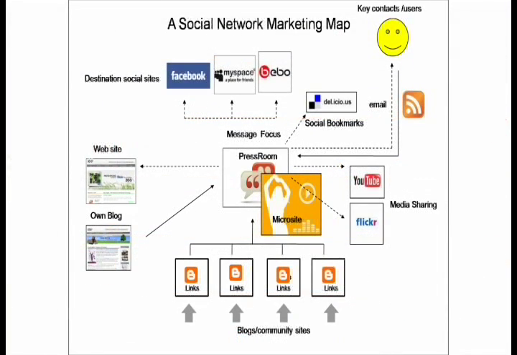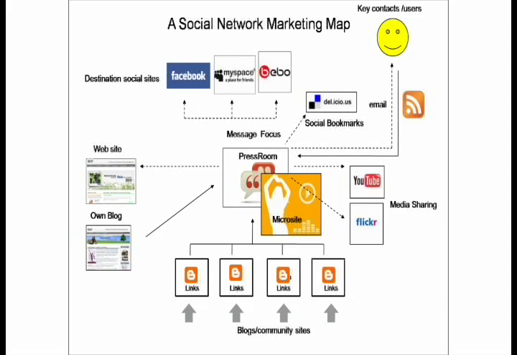Okay, so what is it then? I'll just summarise. It's a website called Press Room, which is a press room. And obviously you put your press on there, and you've got key contacts that you want to influence. And it would be great if they could take that information via an RSS feed, but you might have to email it to them. When you put information on Press Room, it sits on separate social network sites, which enhances the search optimization of that information.